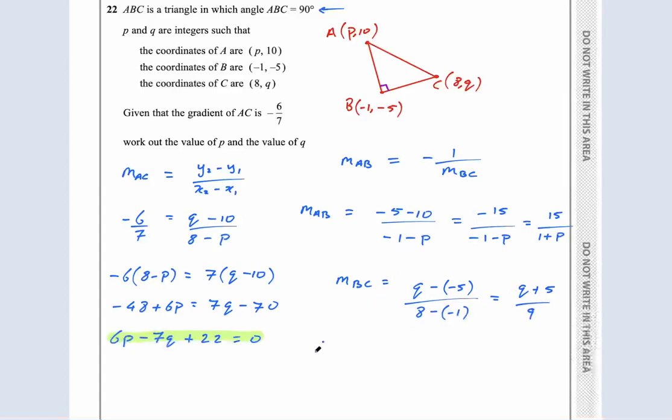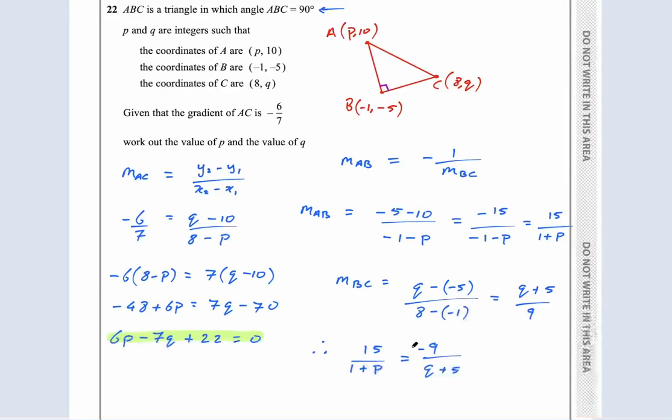So I can say, therefore, MAB, which is 15 over 1 plus p, is equal to the reciprocal of this. The 1 over this actually just turns it upside down. So it's going to be 9 over q plus 5, but negative. So I flip that upside down and make it negative because that's what the perpendicular gradient does.